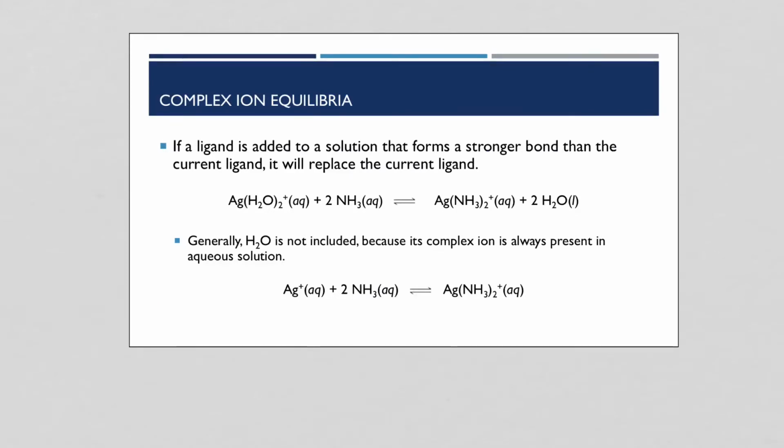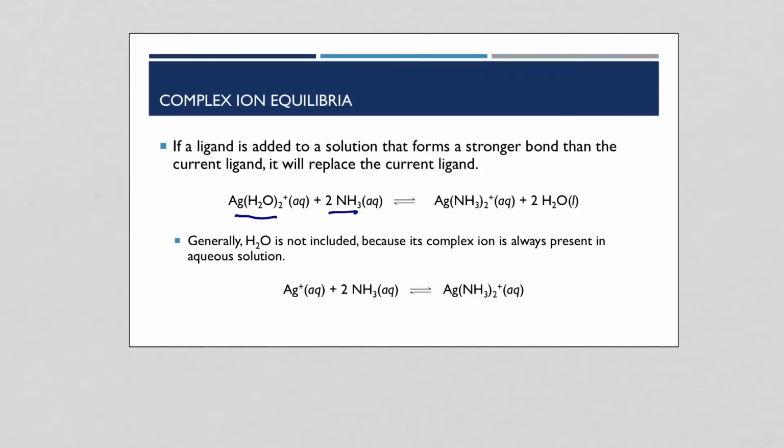So if we look more closely at this equilibrium, certain ligands have a stronger ability to bond to a metal center than others. So for example, if we take that silver water complex and we mix it with a solution of ammonia, ammonia forms a stronger bond to the silver than the water does.